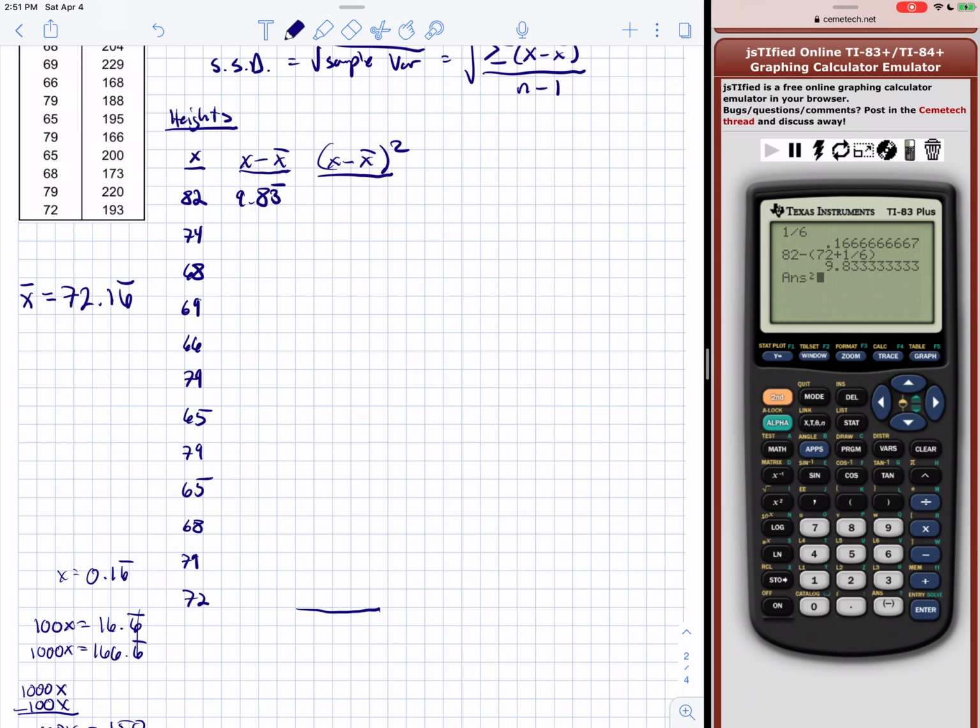If we square that answer, 96.69. Right here, let's not do that. Let's just go ahead and square that answer. 96.69, right? Now, I know we're doing this step by step, but if we use Excel or Numbers, we can honestly type it in and we can do all of this very quickly. Let's say 74 minus 72 plus 1 over 6.